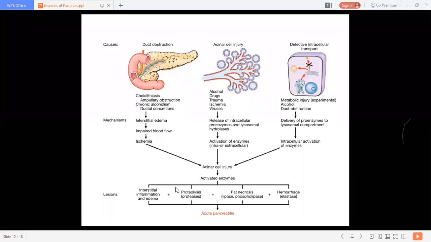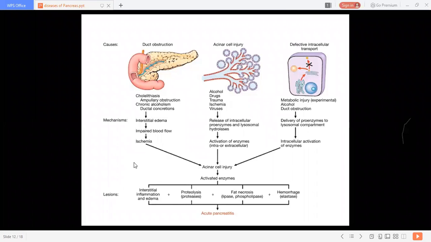Together, we call these lesions acute pancreatitis. So this is all about the pathogenesis of acute pancreatitis.